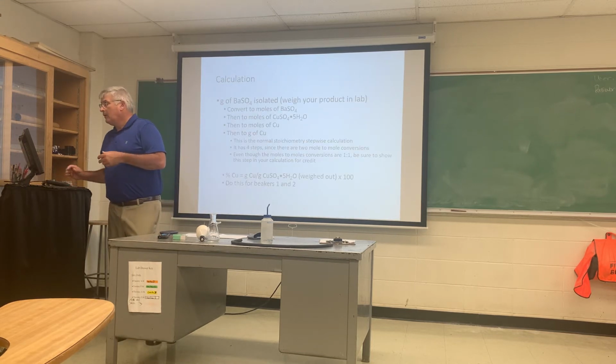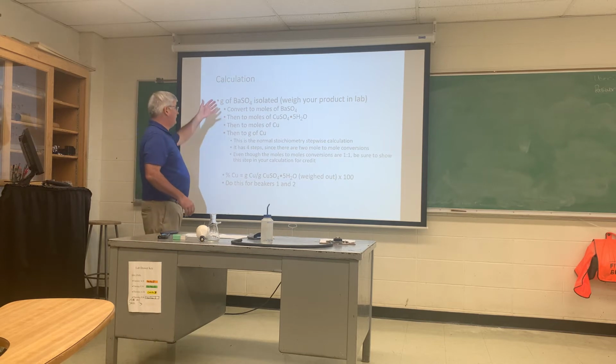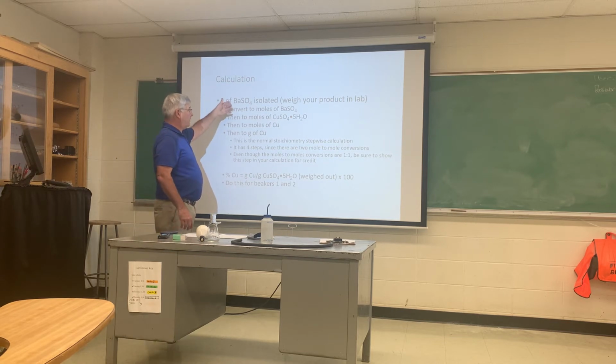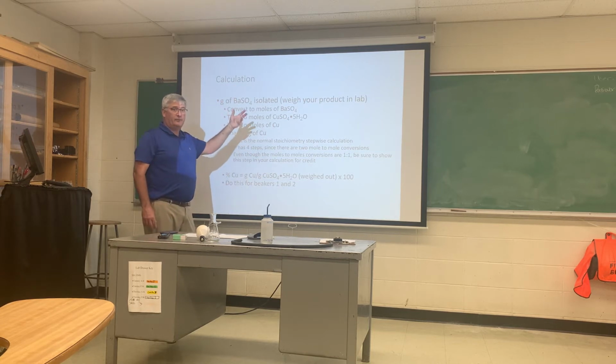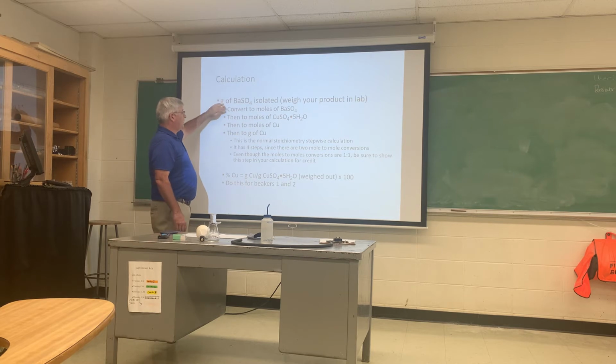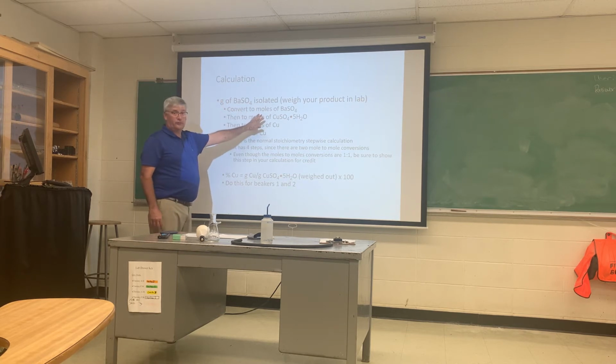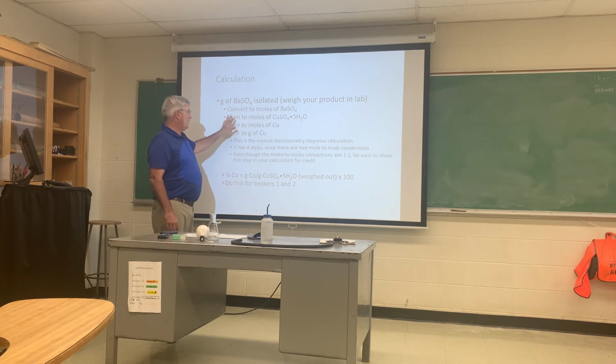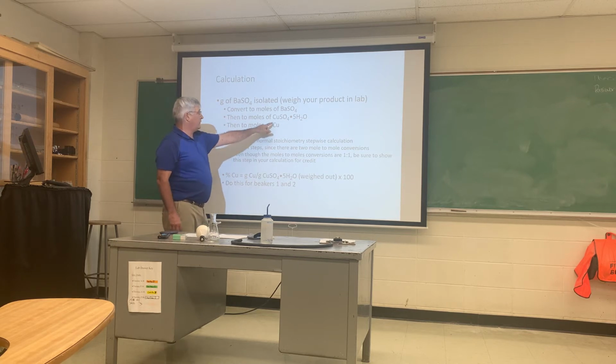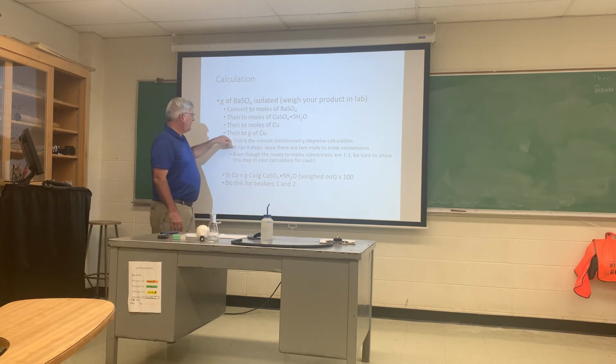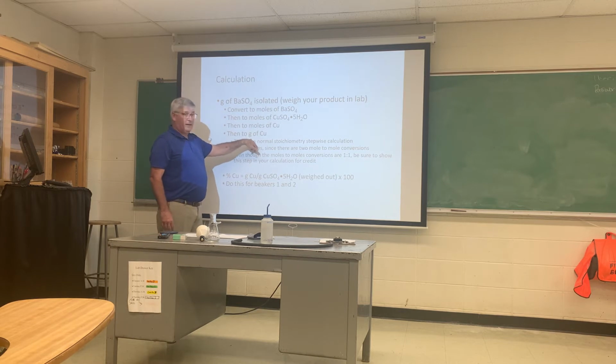So when you get the product, the grams of barium sulfate isolated, as I said before, I'm going to go through this a couple times. I'm trying to repeat it enough times you'll actually hear me. You're going to take the grams of barium sulfate and convert it to moles of barium sulfate, and then to moles of copper sulfate, and then we're going to find the moles of copper from that relationship, and then grams of copper.